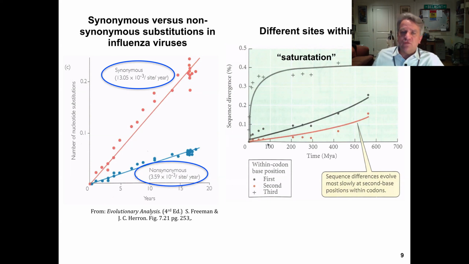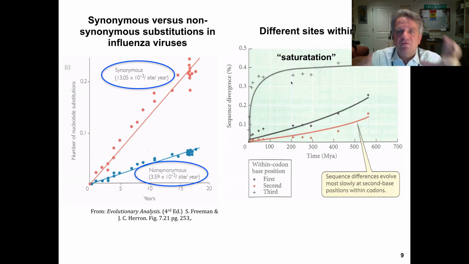As we would expect, given that second codon positions always result in a change of the amino acid, here we're looking at sequence divergence versus time, and indeed second codon positions, here in red, have the slowest rate of evolution relative to first codon positions, and then third codon positions have the highest rate of evolution.